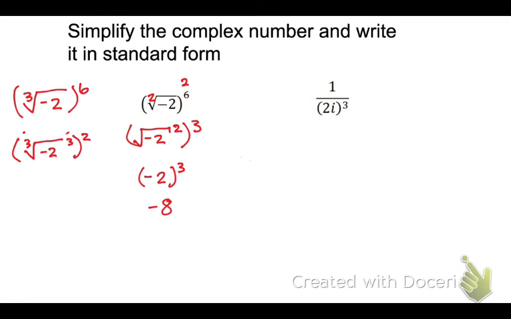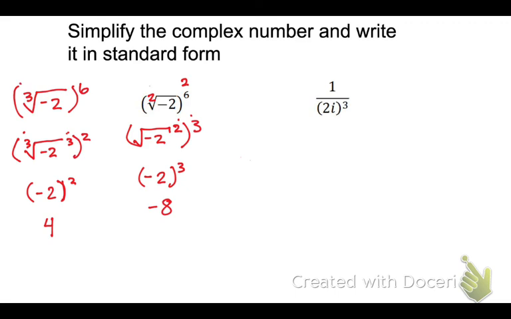When you do a power to a power, you multiply. Because like right here, 2 times 3 is 6. So when you cube a cube root, you get what's inside, right? And then negative 2 squared would be 4. Because this is cube root and this is square root.